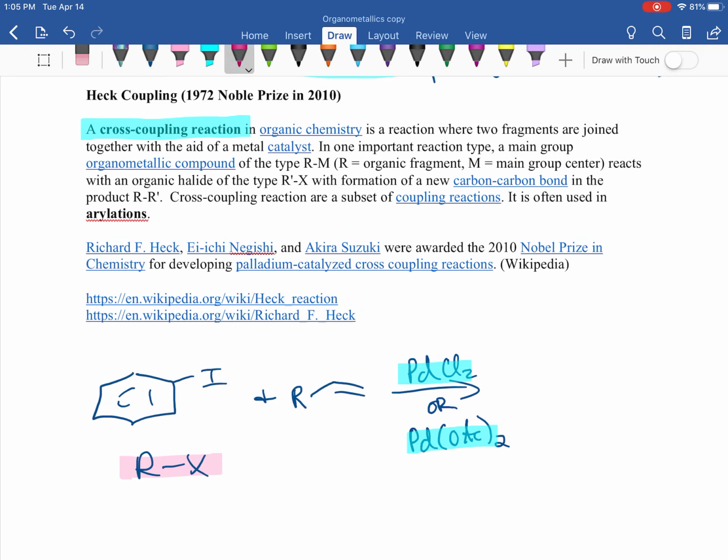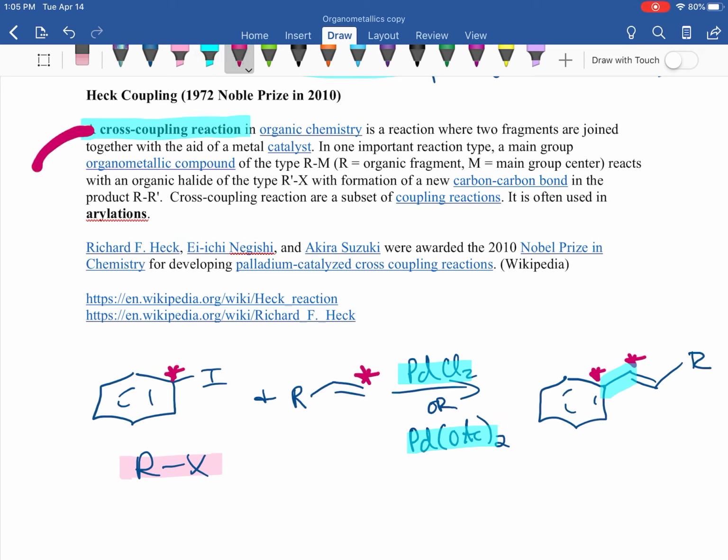And it's just like our Gilman. We literally take the carbon attached to the alkyl halide, and we take that double bond right here, and you literally stick them together. That's the point of a coupling reaction. So now you have that coupled together. You just took this carbon and you just coupled them.